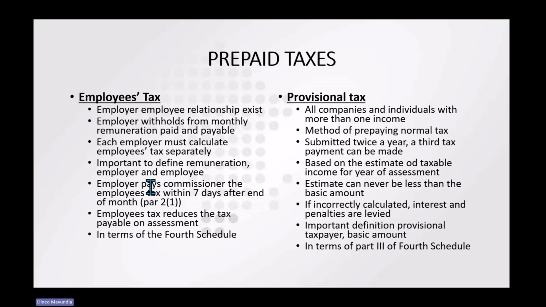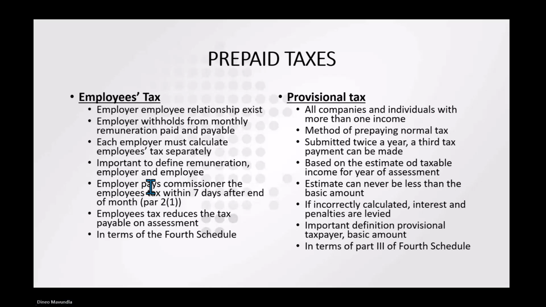Okay. Then remuneration is the other definition that's very important, because that's where we will see what exactly we can calculate our employees' tax on. This would include income that is paid or payable to a person, whether it is for services rendered or not.